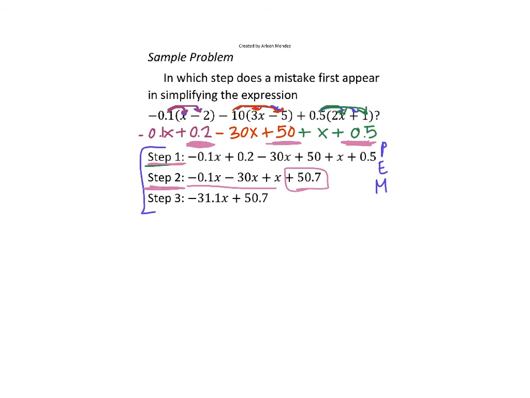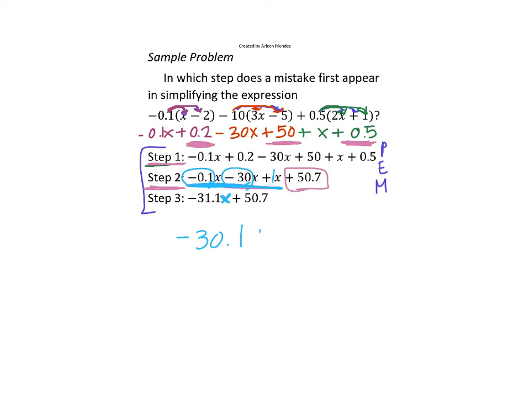Now let's check step 3. In step 3, they try to combine the terms with the variable x in it. Let's see if they did that correctly. Remember that you keep the variable and exponent that make them like terms. That's x to the first power. And then you add or subtract the coefficients. So negative 0.1 minus 30 plus 1. Negative 0.1 minus 30, that's negative 30.1.